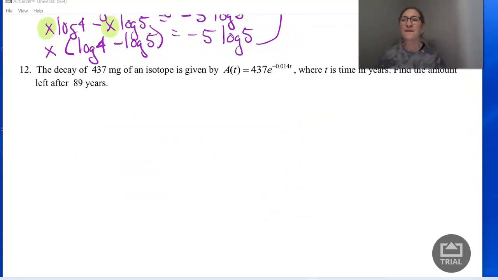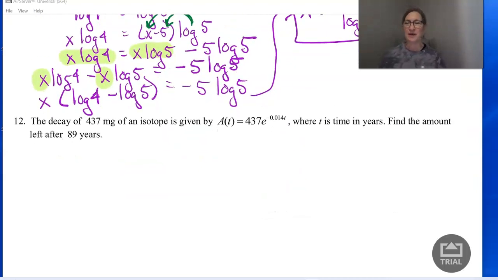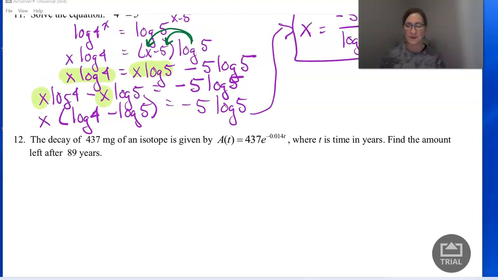All right. Let's do this one little story problem here. Okay? So we're looking at the decay of 437 milligrams of an isotope. And our formula that they give us for calculating that decay is right there, where T is time in years. We want to find the amount of this isotope left after 89 years.